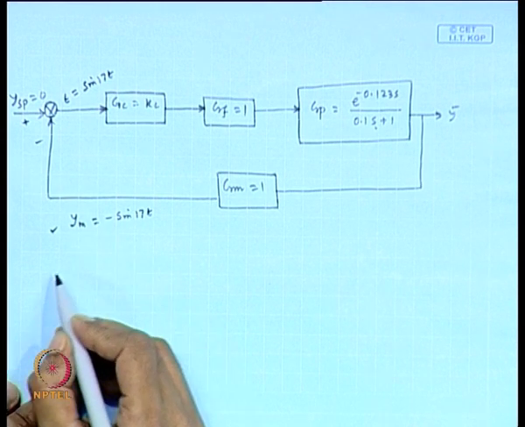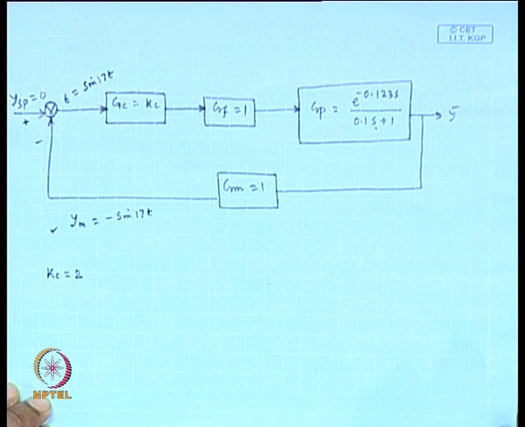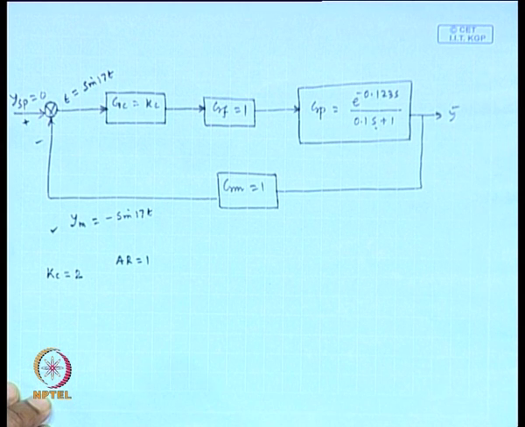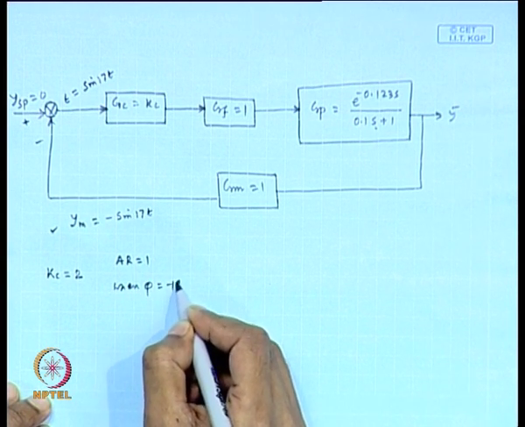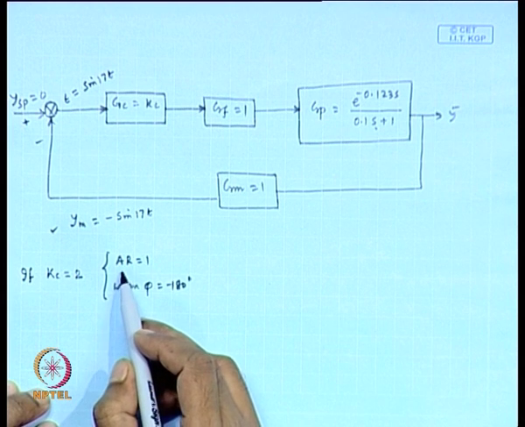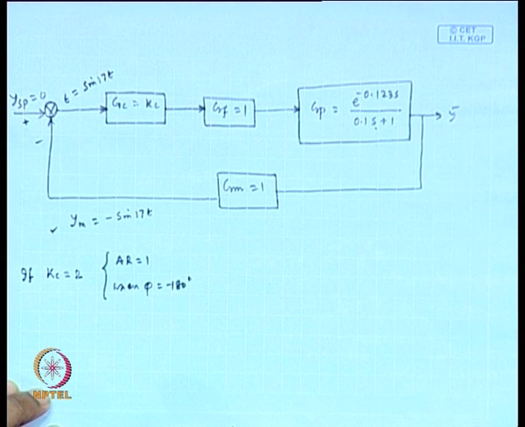If we consider Kc equal to 2, then amplitude ratio is equal to 1 when phi is equal to minus 180 degree. If Kc is equal to 2, which is the critical Kc value, then amplitude ratio equals 1 when phi equals minus 180 degree.